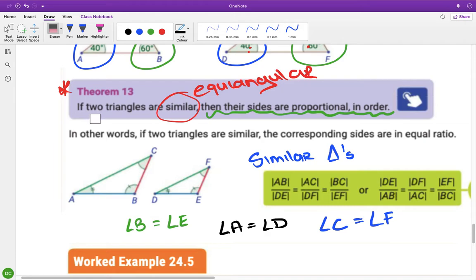According to theorem 13, if two triangles are similar, which we have now established that they are, their sides are proportional in order. What that means is that if you pick a side, I'm going to pick this big long side here, AC.